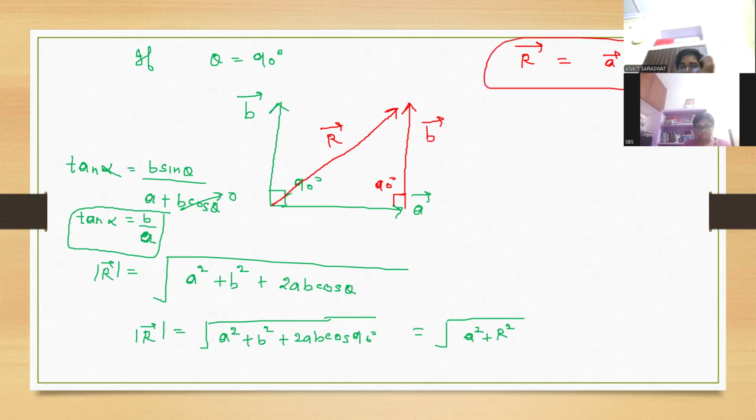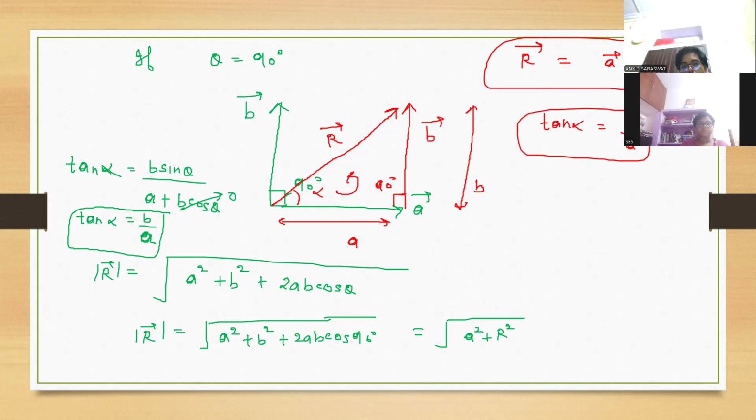If you apply the triangle law here, you will get the same thing. What is the angle made by this? Alpha. You got this from here: b by a, perpendicular by base. This length is b and this length is a. Tan alpha will be perpendicular by base.